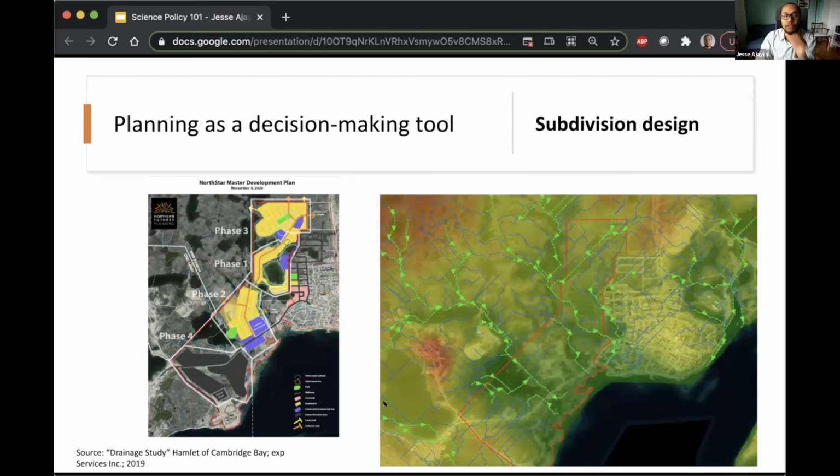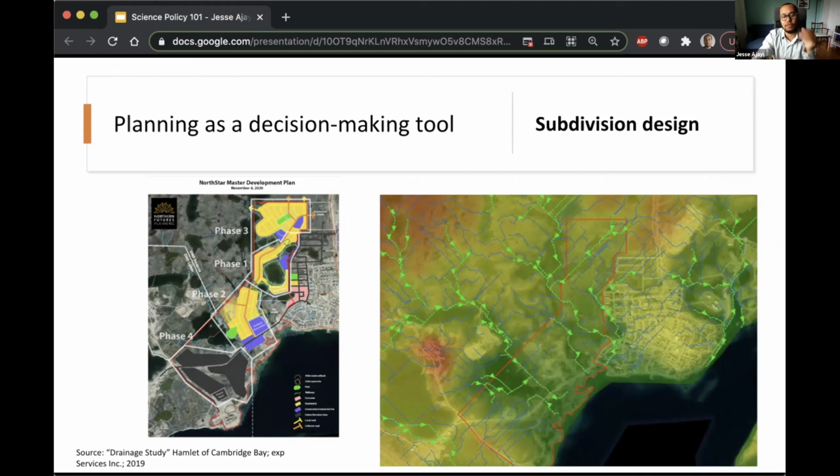I'll just talk very briefly about a project that I'm working on in Cambridge Bay, Nunavut, and I know you heard from Marianne, who spent a lot of time there over the years. So this is the western portion of the municipality. We're looking at about 20 years of future growth. So we sketched out what the master development plan would look like.